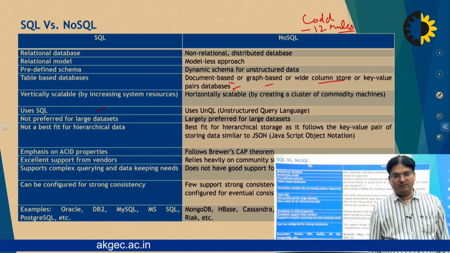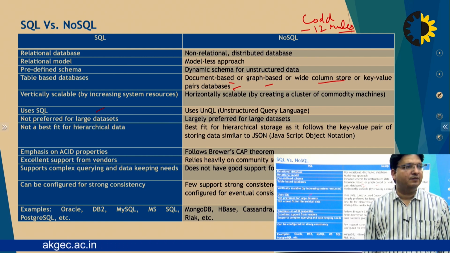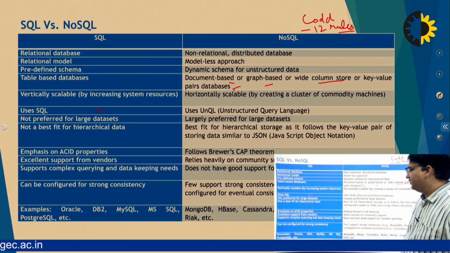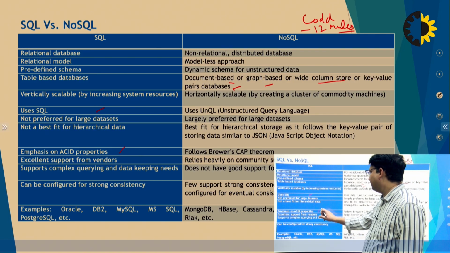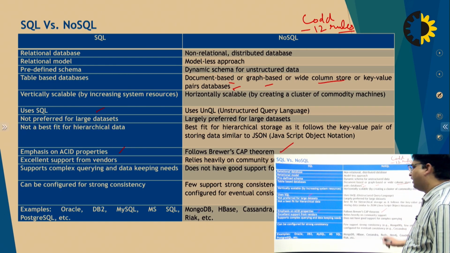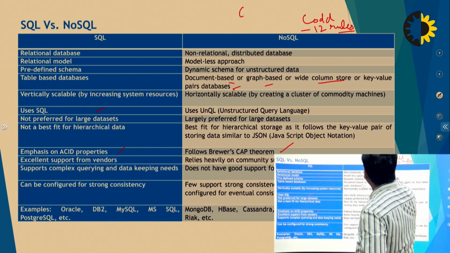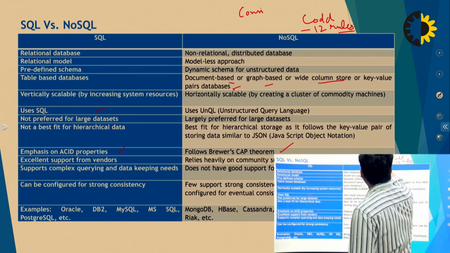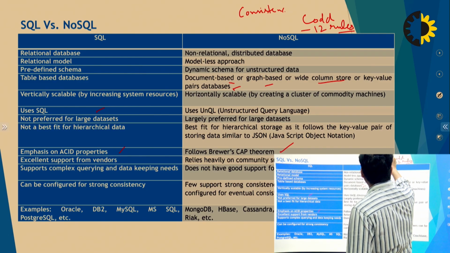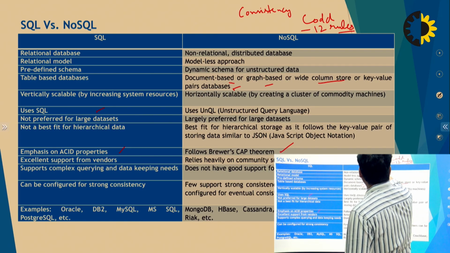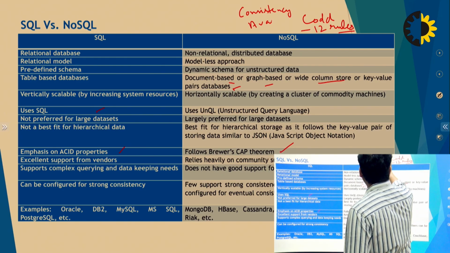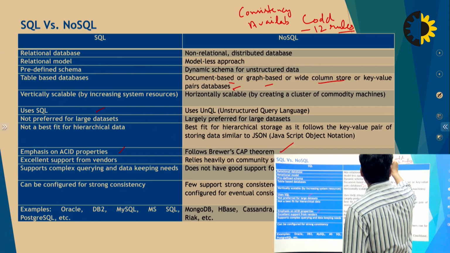Now, the next very important concept is the concept of properties. SQL follows the ACID property and NoSQL follows the CAP theorem, Brewer's CAP theorem, where C stands for consistency, A stands for availability, and P stands for partition tolerance.